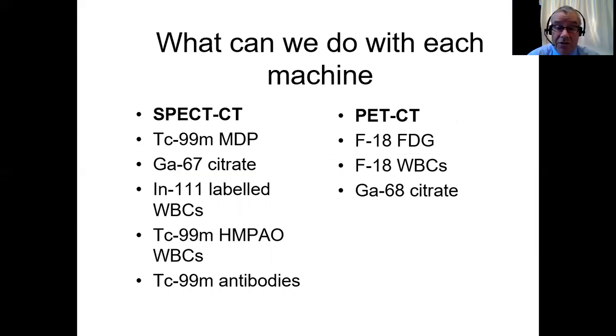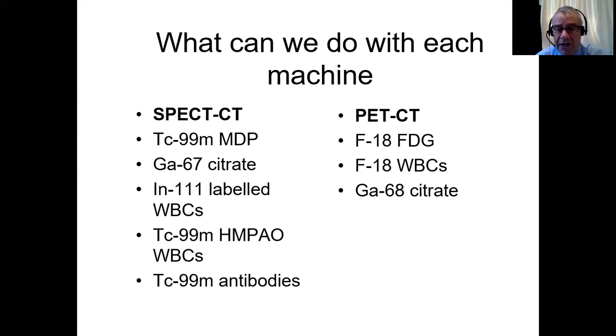Obviously with SPECT-CT, you could just use simple MDP, for example, if you're looking for a spinal osteomyelitis or an osteomyelitis in a long bone, because there probably will be very little else that could cause that in a particular patient. Gallium-67 citrate was popular in the past, but very few people now use it except in the United States. Then there's white cells labeled with indium or technetium HMPAO.